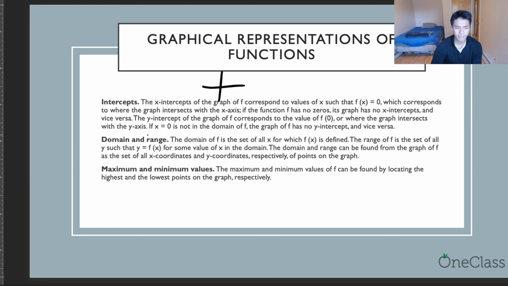Domain and range are basically sets of possible values for where your function is defined. Defined means that there's a value. It's not like divided by 0, or it does not exist. The range refers to y, right? And so that is saying y equals f of x for all these possible values.